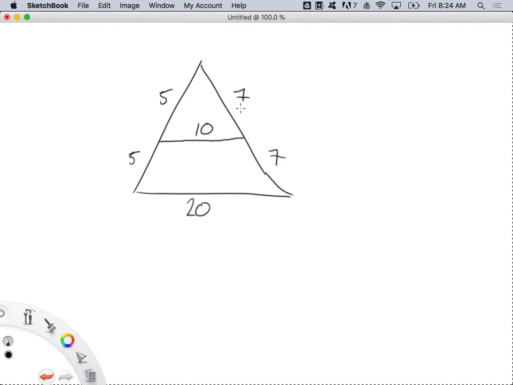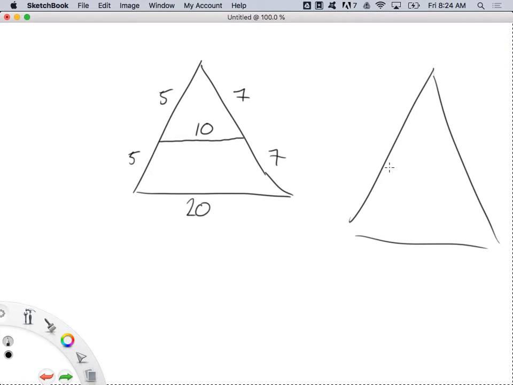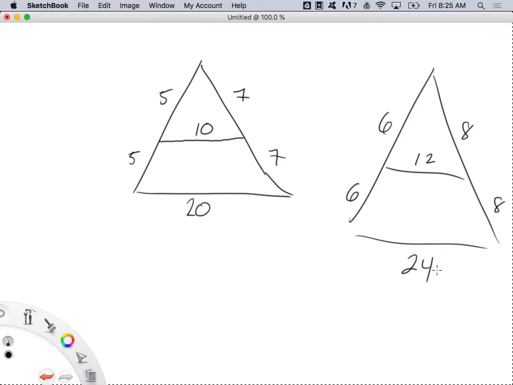Yeah. Okay. This is always half of that. Does that make sense to you? Or if I gave it to you the other way, gave you this is 6 and this is 8, and that's 8 and that's 6, and I give you that this is 12, then what's this? Yeah. Is that pretty clear? Okay.